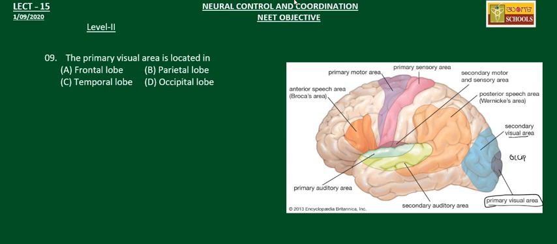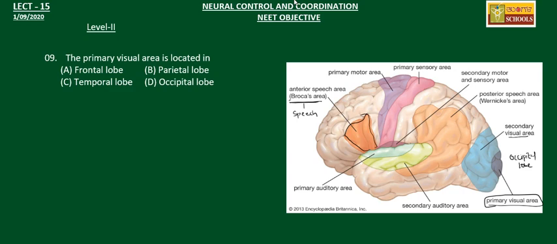So this is the occipital lobe, and here is the frontal lobe. Located in the frontal lobe, in our earlier sessions we discussed Broca's area, which is concerned with speech.